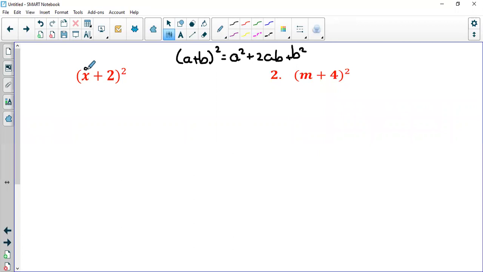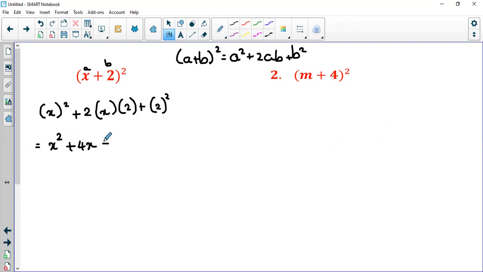This is going to be in place of a, and this is going to be in place of b. So it's going to be x square plus 2x multiplied by 2 plus b square. Okay, so this will give us x square plus 4x plus 4.